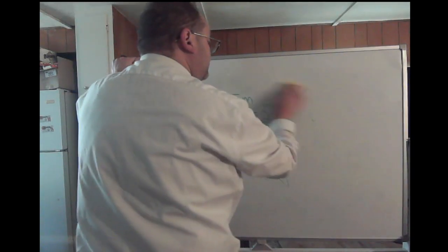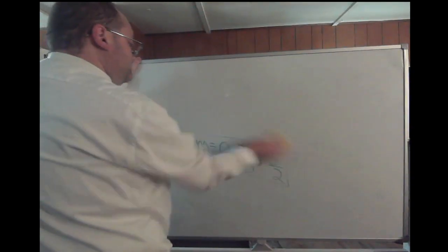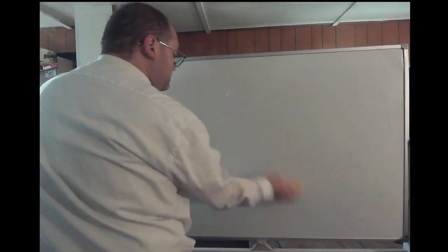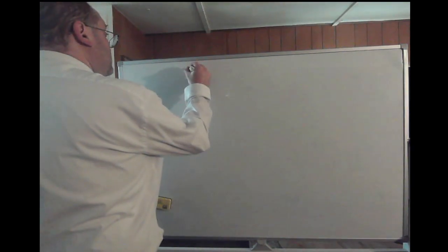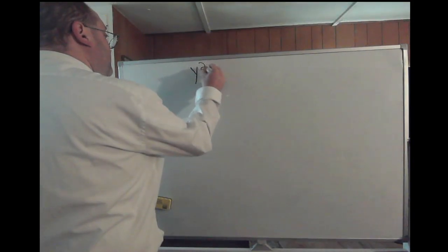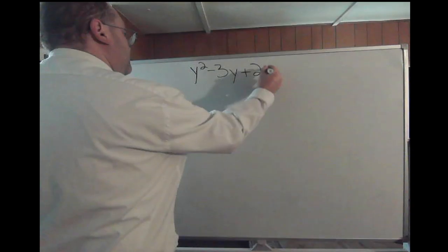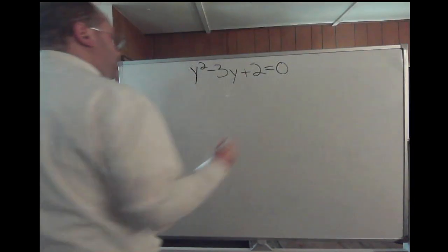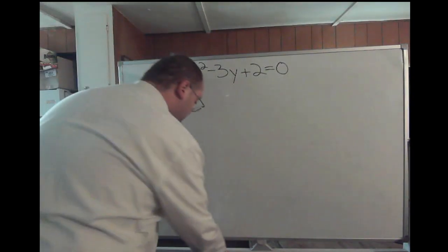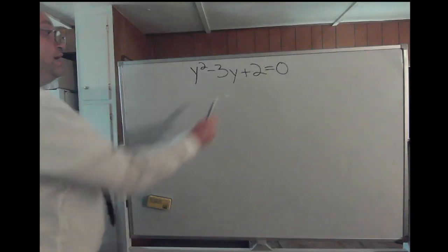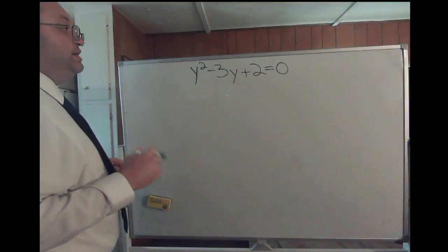Alright, move on a little bit different here. We got y squared minus 3y plus 2 equal to 0.